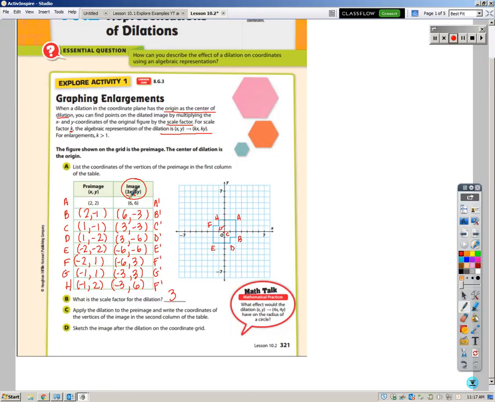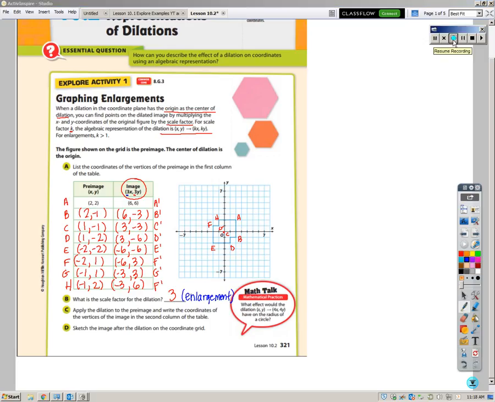Okay, so now that I've got my image coordinates, I can actually graph my dilation. And I know that since my scale factor k here is 3, since it's larger than 1, this is going to be an enlargement, right? So it should be bigger than my original, right? Okay, so I'm going to go ahead and graph those.